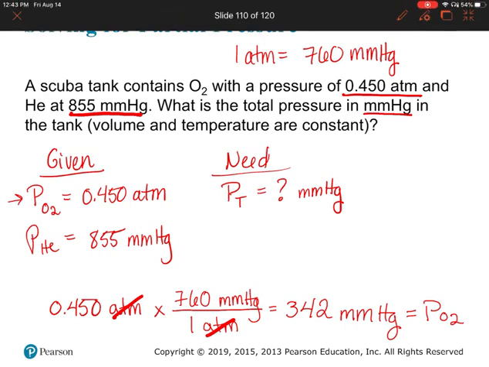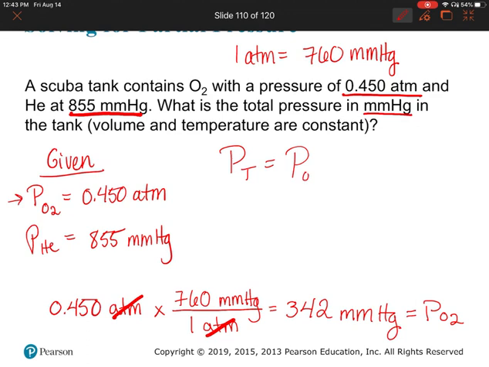Okay, so now what we're going to do is just add those two pressures together. So PT is equal to the pressure of oxygen plus the pressure of helium. So we'll plug in what we just calculated and what we were given.